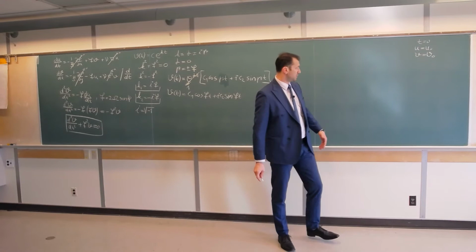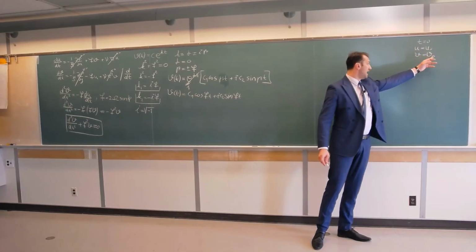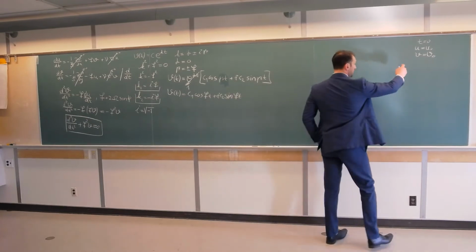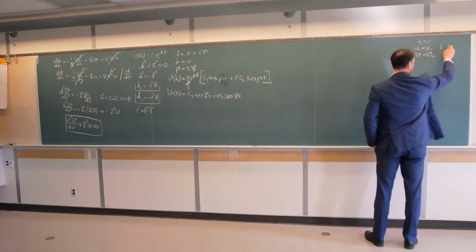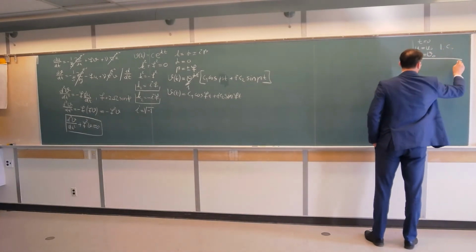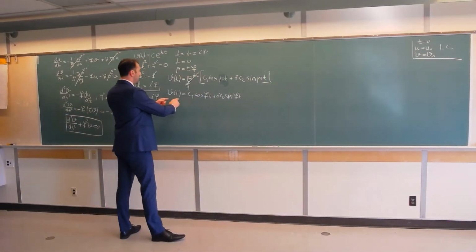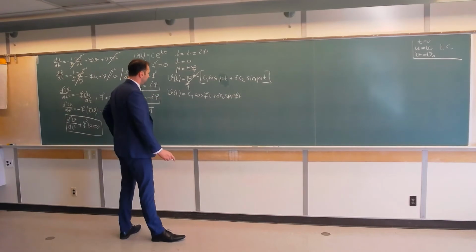These are fixed numbers. For example, this is 5, this is 7 meters per second, who knows. So we know this. These are called initial conditions, and we can use these initial conditions to find these constants.